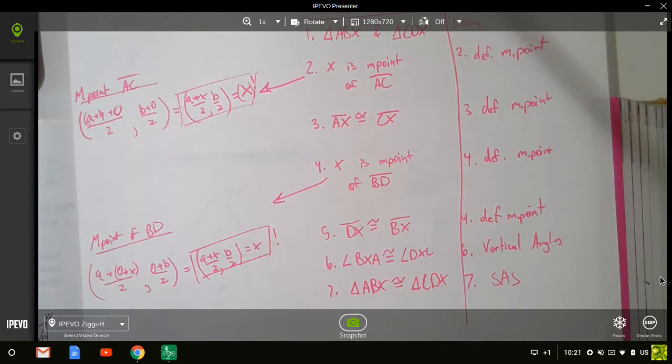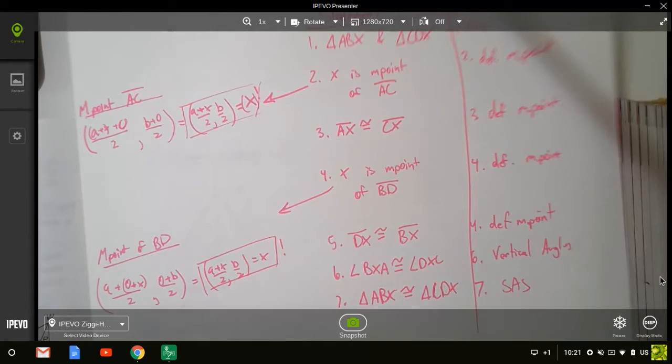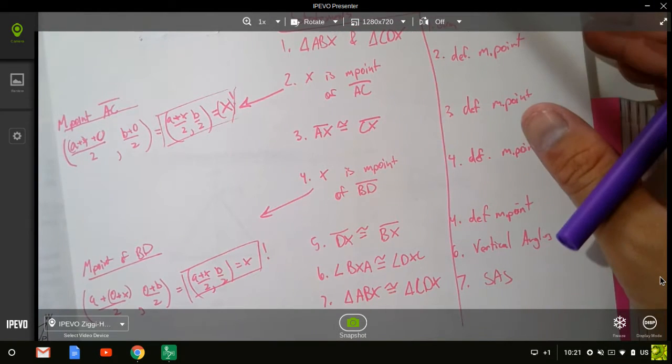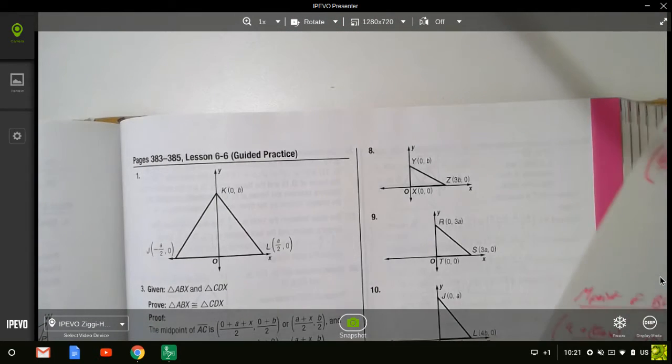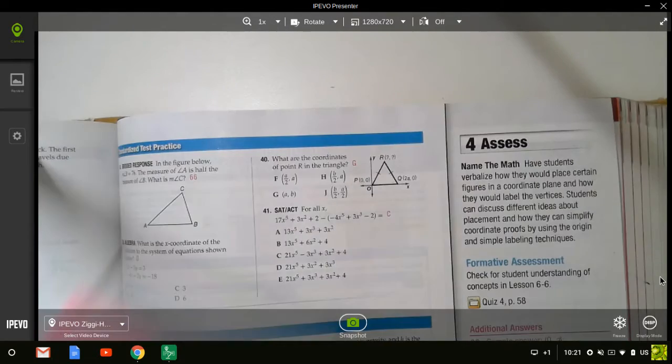So let me redraw the triangle really quick, okay? Sorry about this one. I'm gonna freeze that for a second. Okay, so please go ahead and write that down, and I'm gonna draw the triangle so you can see what's going on. I can redraw it on here so you can see.